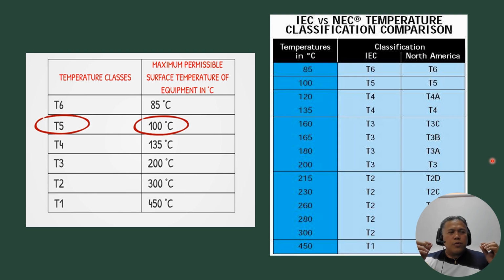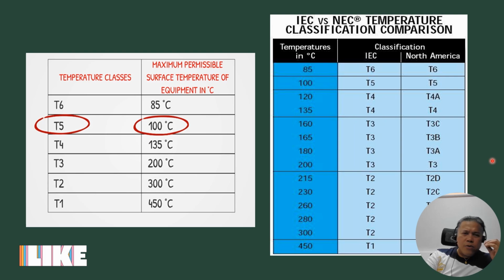That's why we need to identify our equipment in hazardous locations. This is a critical consideration, the maximum surface temperature of electrical devices installed in a hazardous environment. Hazardous environment means explosive gas and the like.